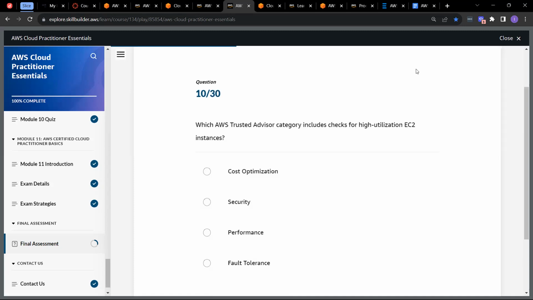I'm mentioning the answer to cost optimization. Abdul, come answer that thing. Okay, Judith. Fault tolerance. Judith said fault tolerance. Performance. Okay, so let's look at high utilization. High utilization, performance. Yeah.